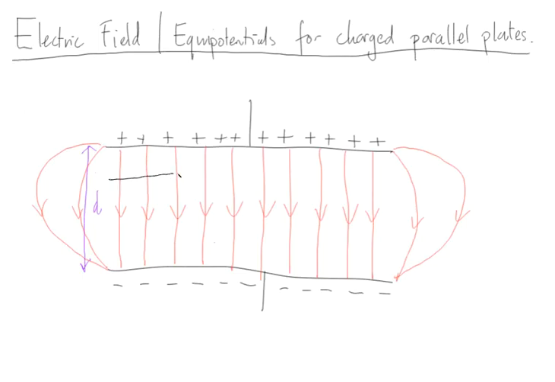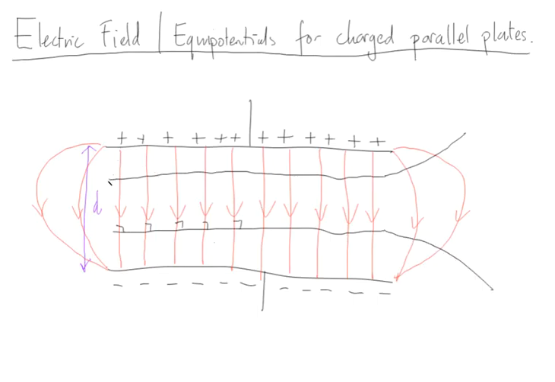In between they'll be horizontal, and something I forgot to mention before, but the equipotential lines are always perpendicular to the field lines. As we go out of the plates, they will slightly curve off like this. So these are equipotentials.